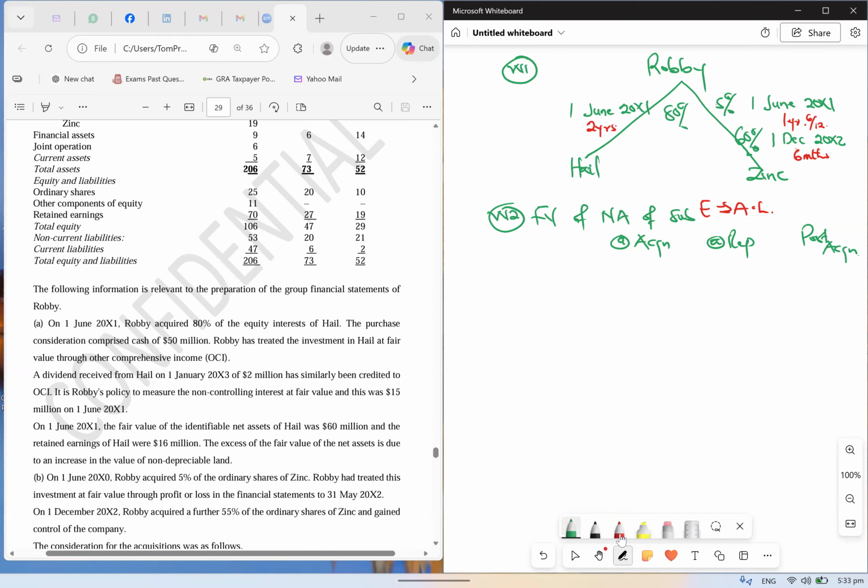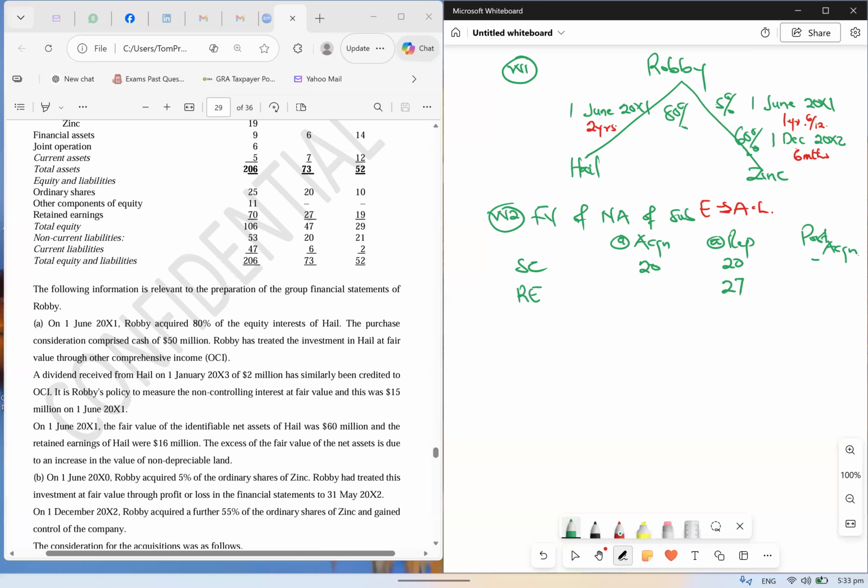The stated capital of this guy is 20. And since stated capital doesn't move, there is nothing. So you have here 20, stated capital, here too 20. The next thing you see, there's no OCI. Next thing is retained earnings. Retained earnings at reporting is 27.